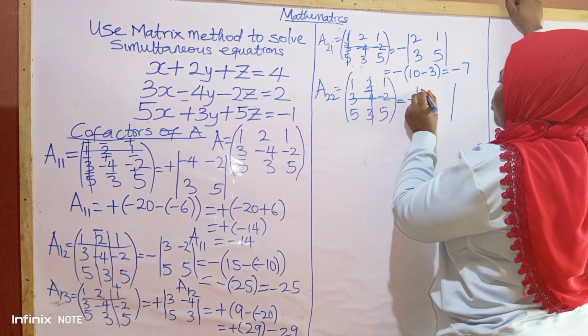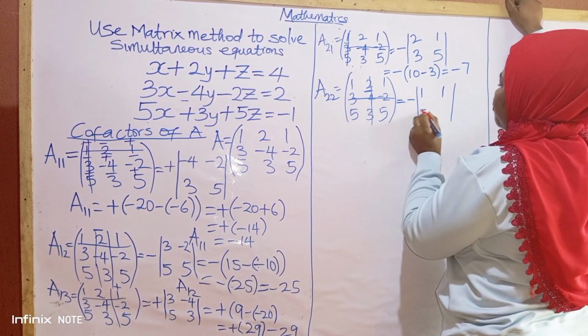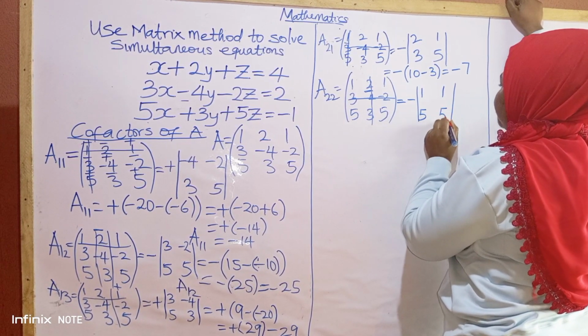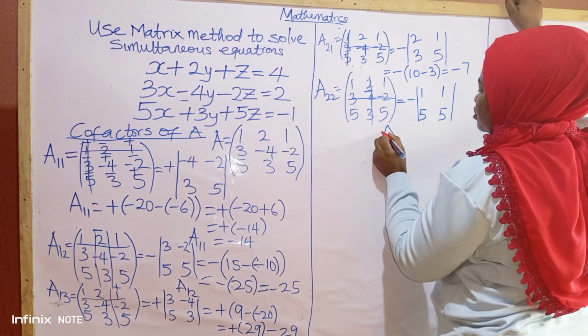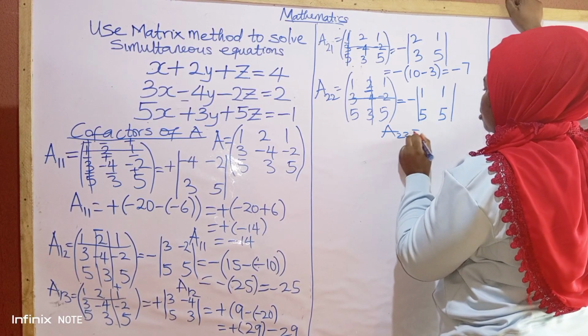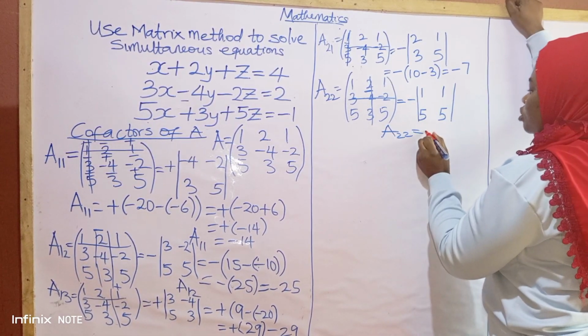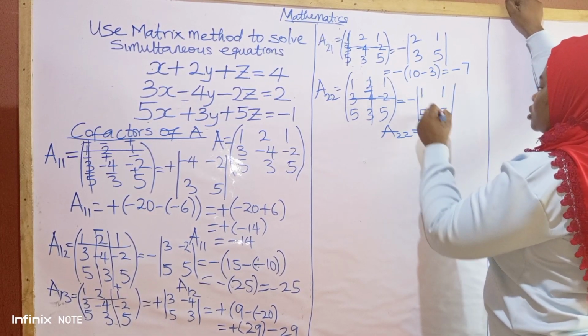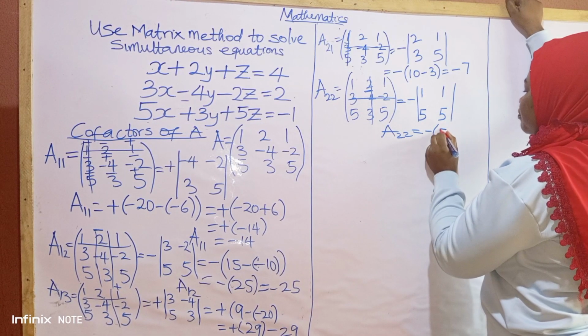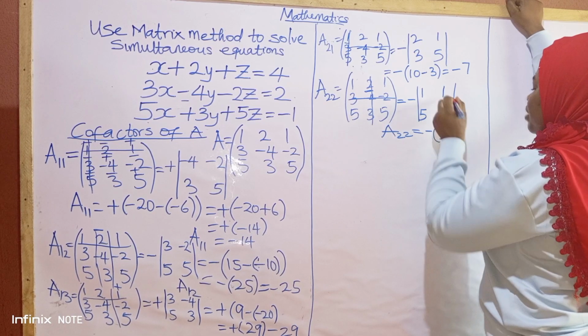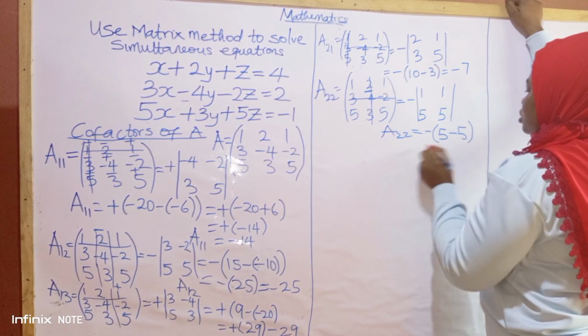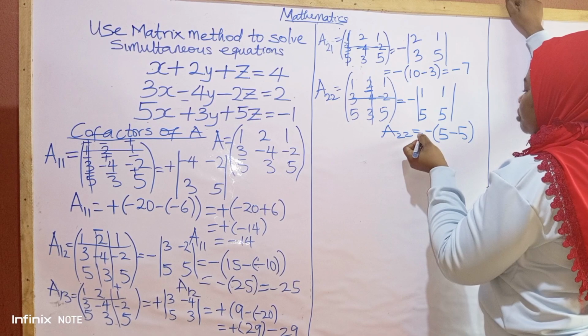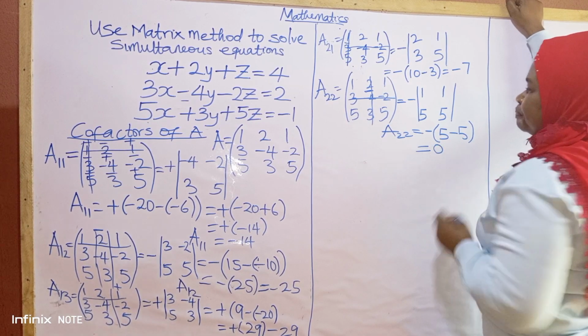So I have 1, 1, 5, 5. So here A22 will be equal to, don't forget I have minus. So I have 1 multiplied by 5 is 5, minus 5 multiplied by 1 is 5. So this one is 0, multiplied by minus gives me 0.